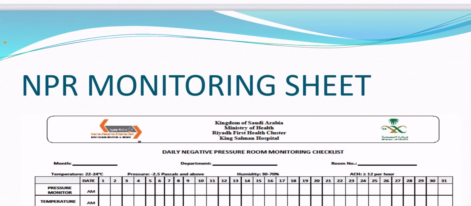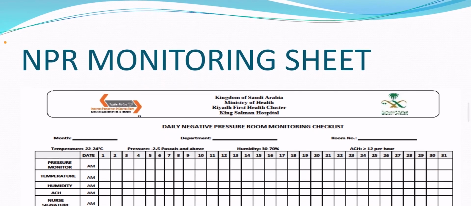This is the negative pressure room monitoring sheet. In all negative pressure rooms, it is posted outside. This monitoring sheet should be followed by the head nurse or the charge nurse daily when the patient is inside; when the patient is not there, it should be weekly.